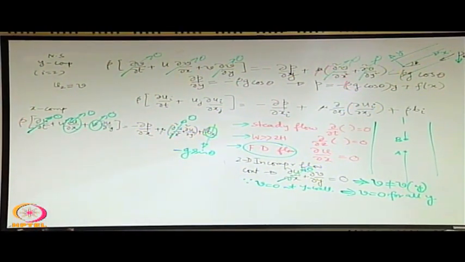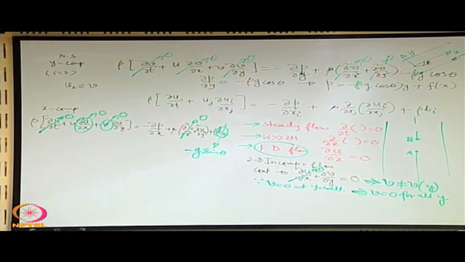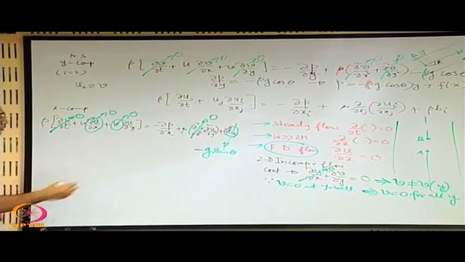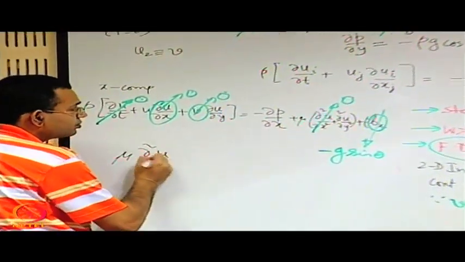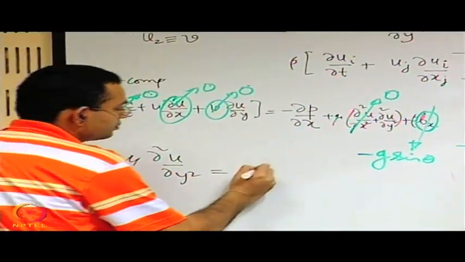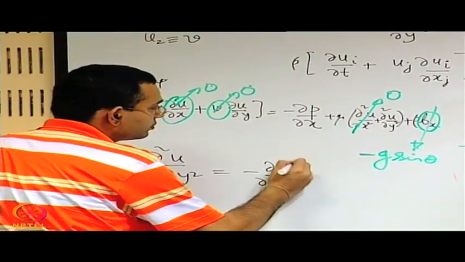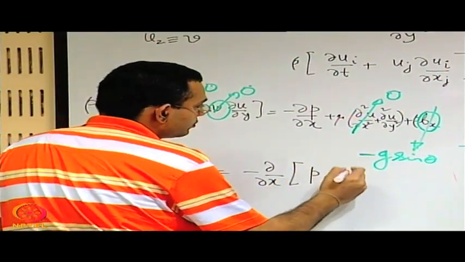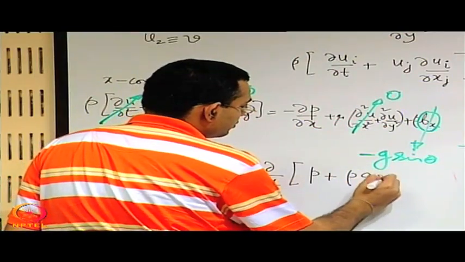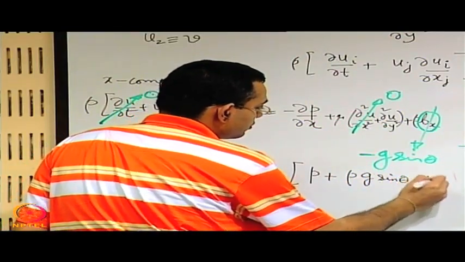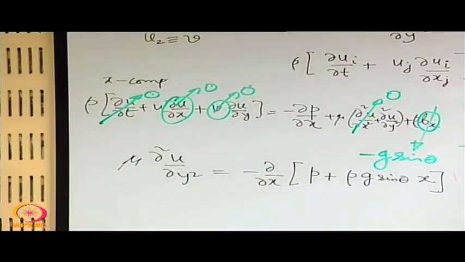So it is minus rho g sin theta. So what you have is mu into, okay, this is what we can write.